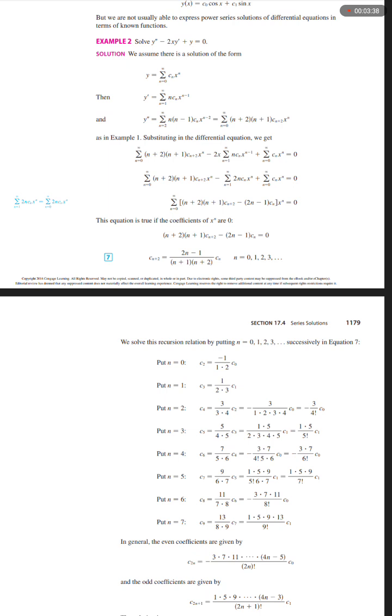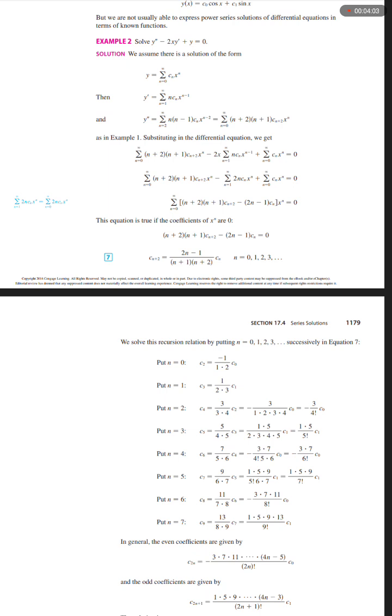Sidebar. The sum from n equals 1 to infinity of 2n c sub n times x to the power n equals the sum from n equals 0 to infinity of 2n times c sub n times x to the power n.